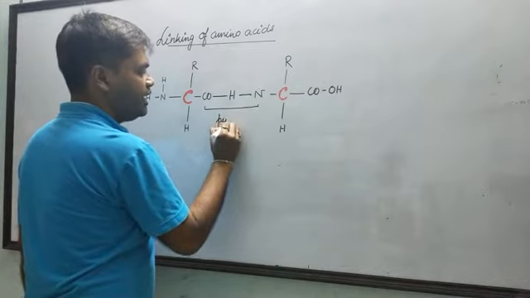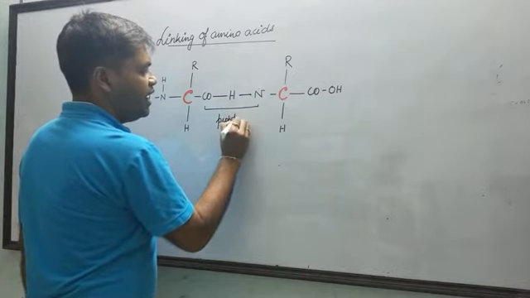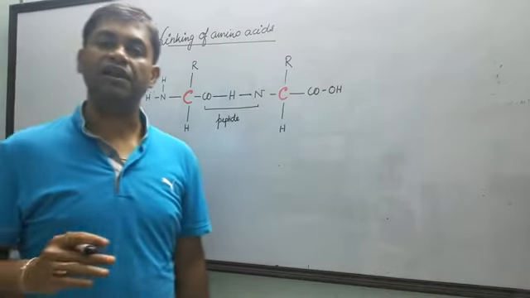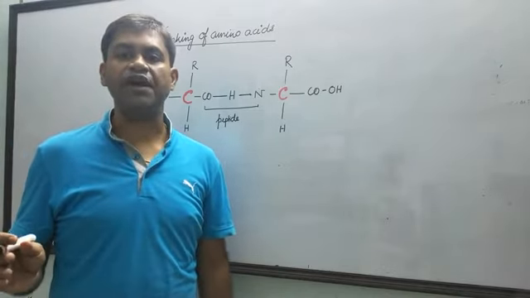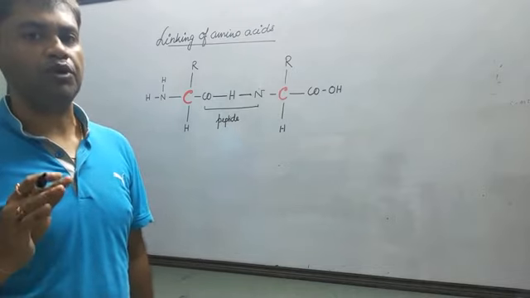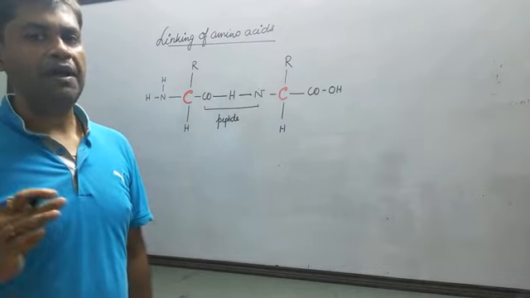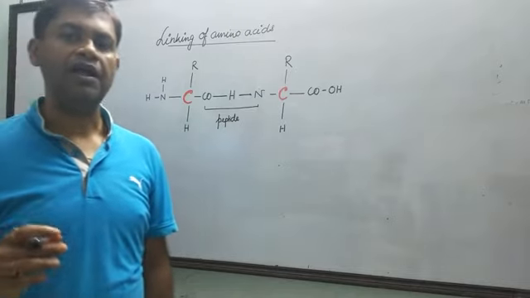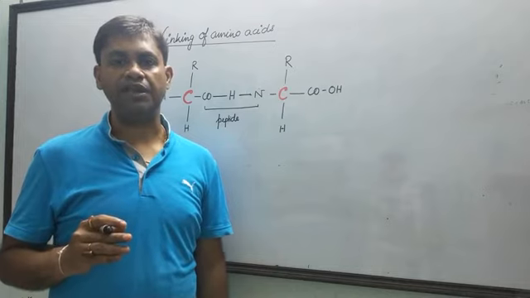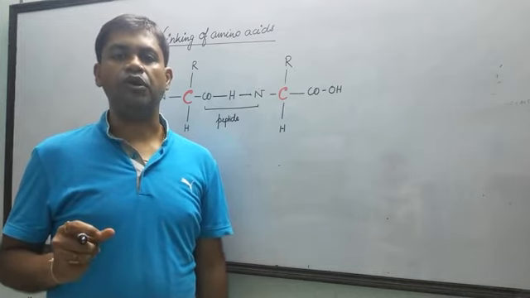In this way a number of amino acids get joined with each other, forming several peptide bonds, and that's why protein molecules are also called polypeptides, because to join many amino acids in a protein, many peptide bonds are needed.